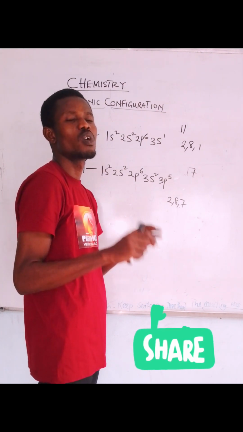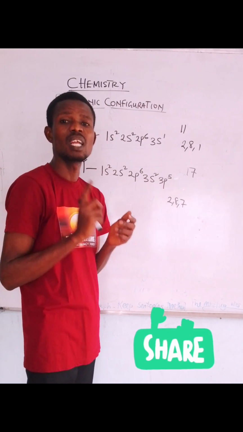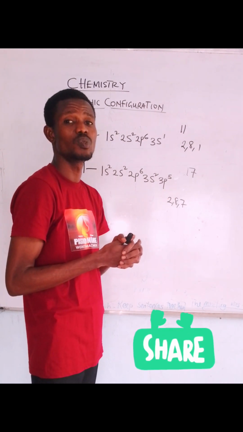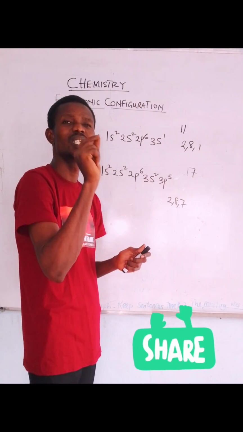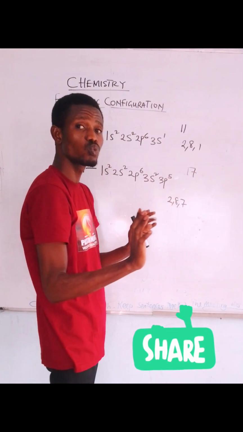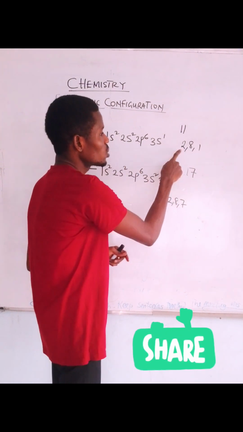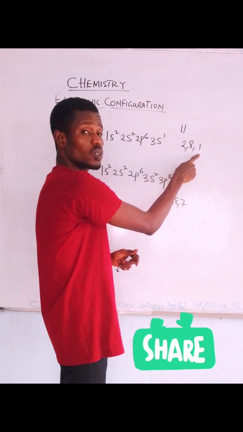Alright, now this is the trick. For you to know the group that an element belongs to by looking at its configuration, just look at the number of electrons in the outermost shell. Each of these arrangements shows the shells that every element has: the first shell, second shell, and third shell.